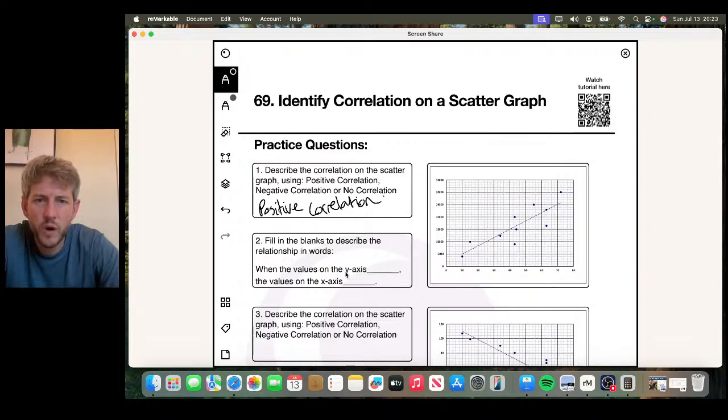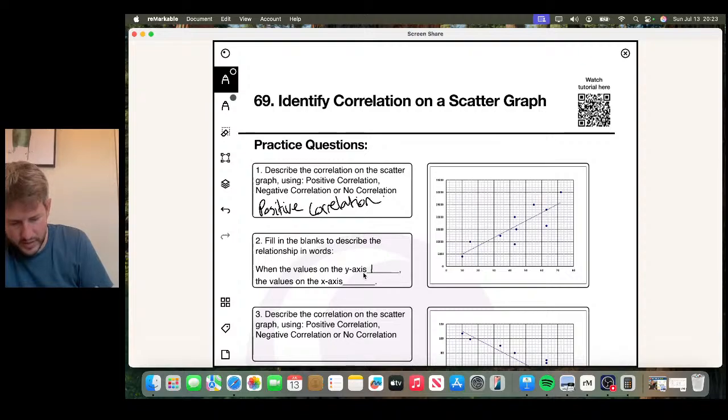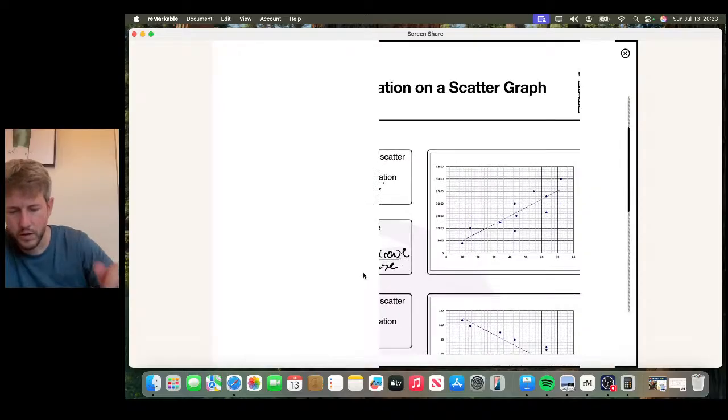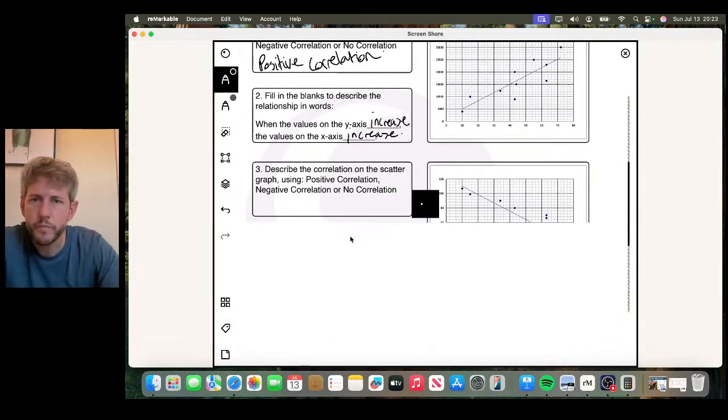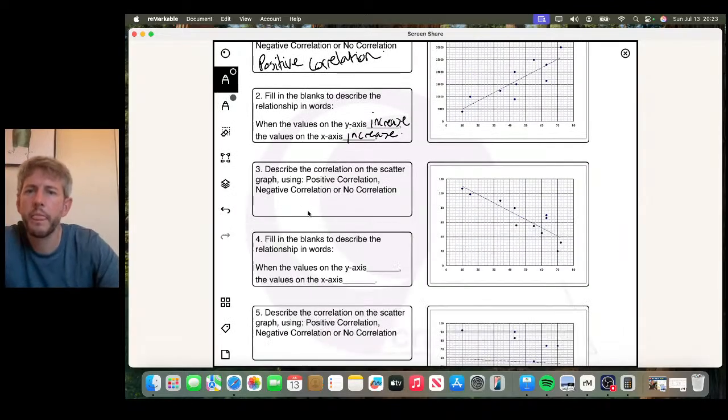When the values on the y-axis increase, the values on the x-axis also increase. Okay. Question 3. Describe the correlation on the scatter graph using positive correlation, negative correlation, or no correlation. Okay, so this is negative.